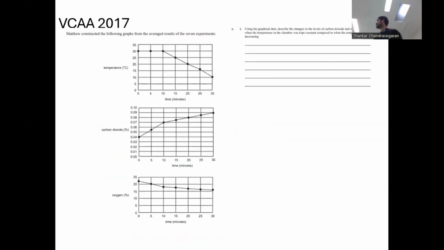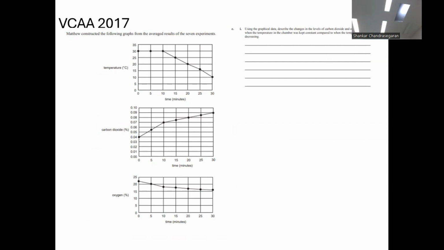If you had to describe the dependent variables while the temperature is kept constant versus when it is decreasing, how would you make that contrast? It's important that you're contrasting them, meaning that you are differentiating them. When the temperature is kept constant, what are the CO2 and oxygen levels doing? When the temperature is decreasing, what are the levels doing? You need to make them different from each other. That's what it means to compare and contrast.